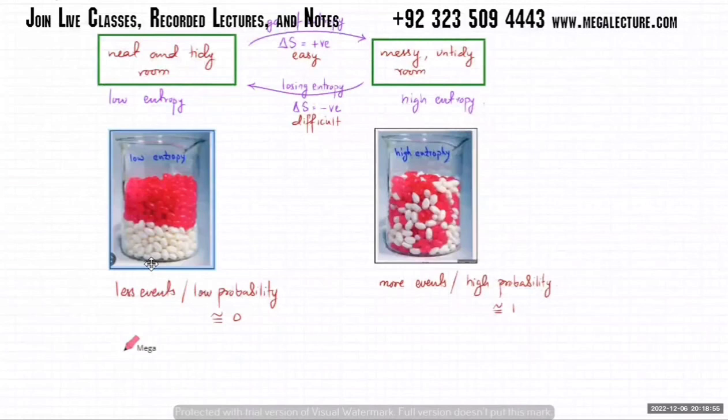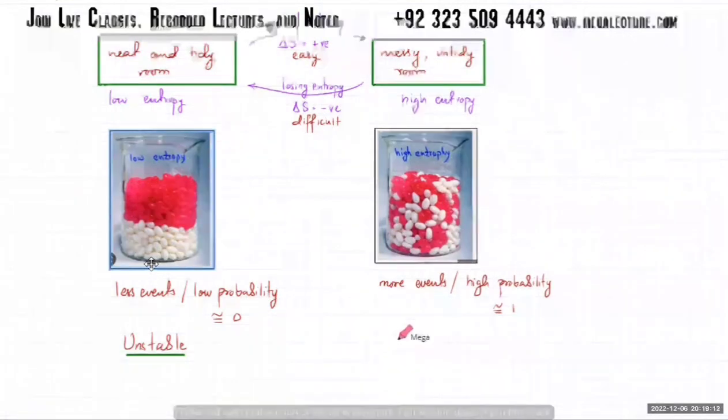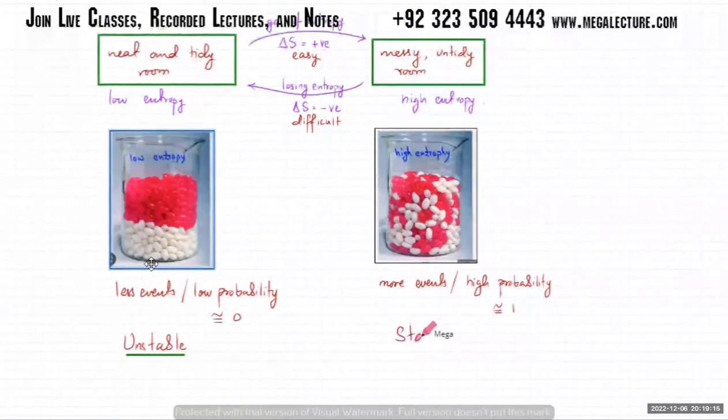So the universe does not like low entropy states. This one is unstable. It changes very quickly into a high entropy state. And the high entropy state is going to be very, very stable, and it's going to try and maintain itself.